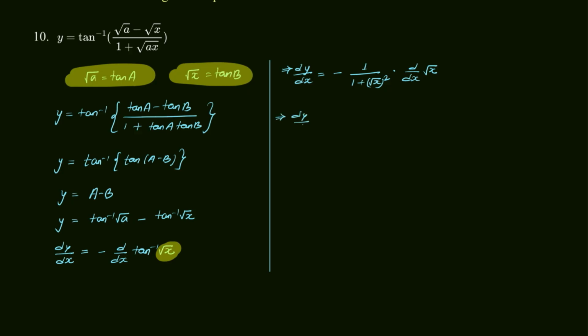So dy over dx equals minus 1 by 1 plus x, into d/dx of root x, which is 1 by 2 root x, and hence writing my answer properly, it will be minus 1 by 2 root x into 1 plus x.